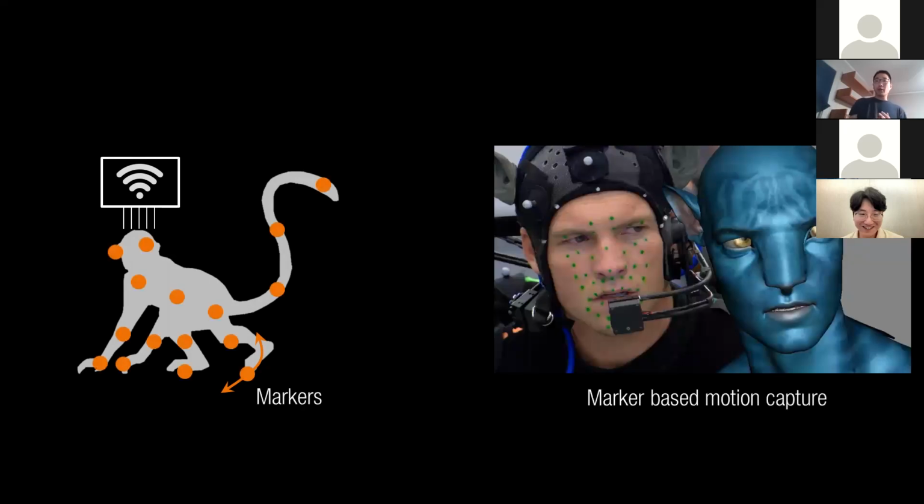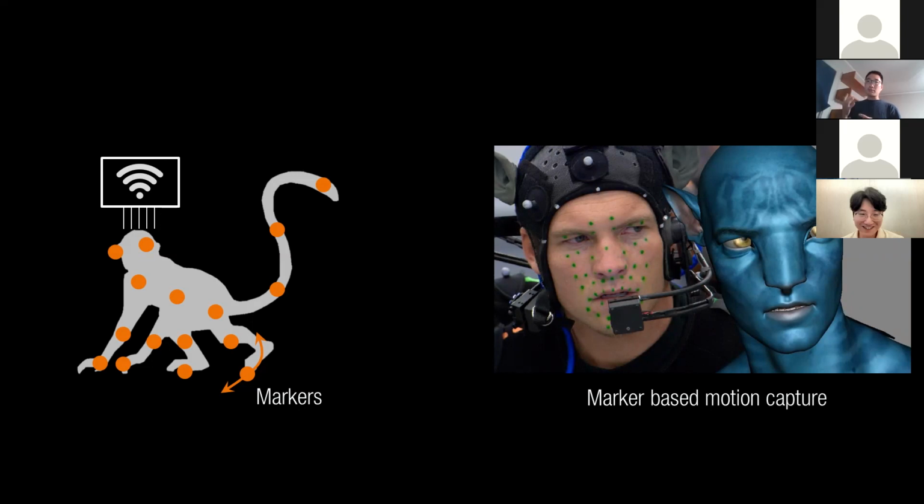Existing body measurement systems, such as the Vicon system used in the movie industry, use fiducial markers. You put the markers on the face of the actors, and then the cameras observe these markers and track them in three-dimensional space. This is how people have been using markers for the movie industry or other medical systems.